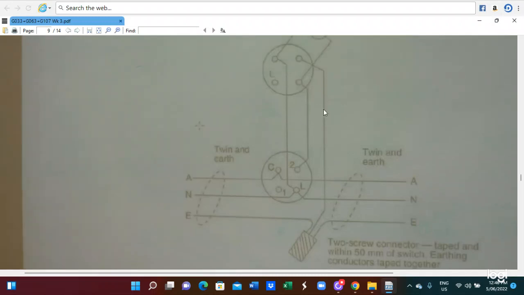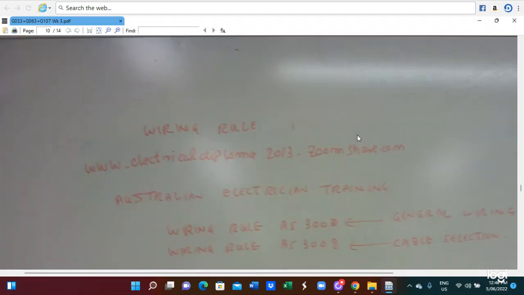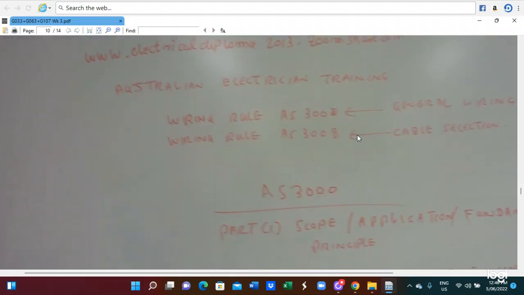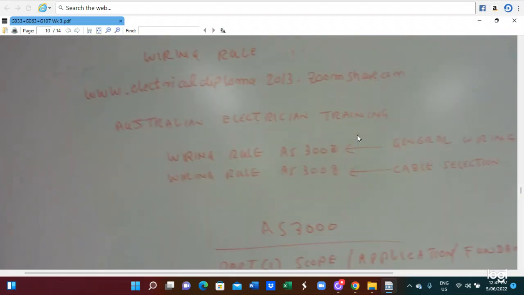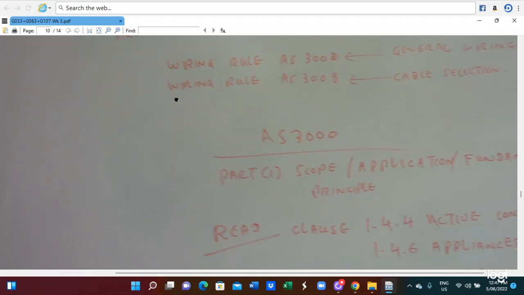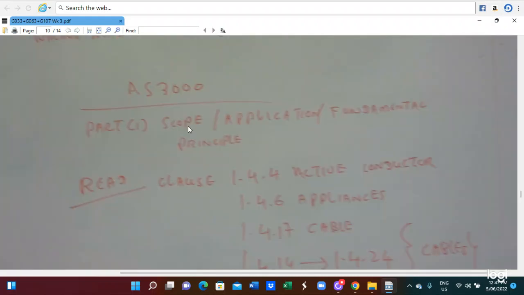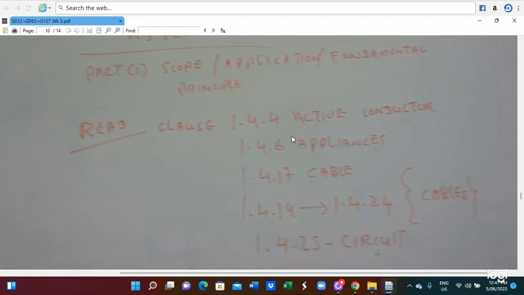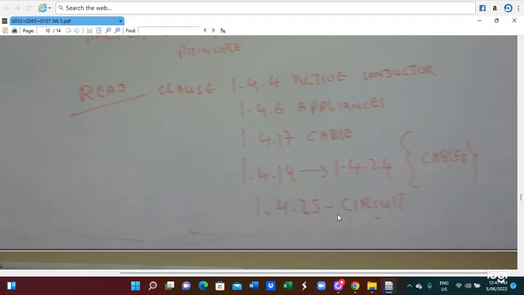Here is an electrical wiring diagram. Also, we have to run this on the wiring loop. AS3000 wiring rules, there are two things, AS3000 and also AS3008 for the cable selection. AS3000 wiring rules, part one is scope, application and fundamental. So we have to read clauses 1.4.4, 1.4.6, 1.4.7, 1.4.19, and 1.4.25.